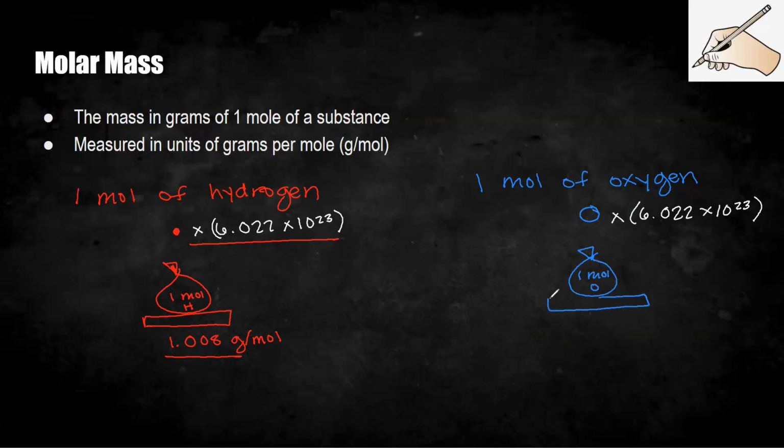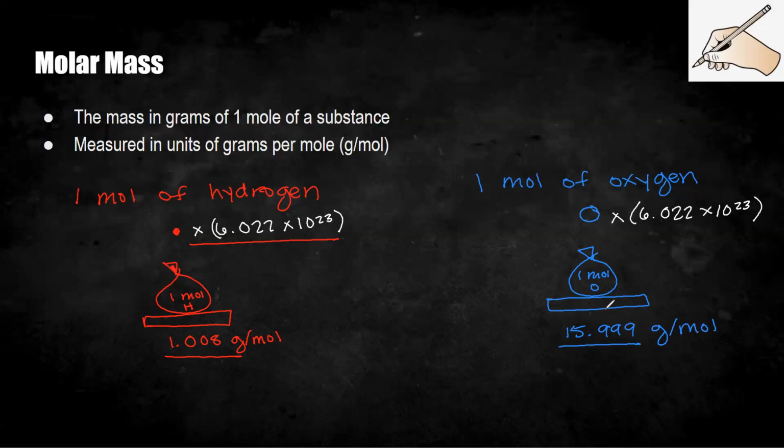Put that on a scale, took its mass, and you would see that 1 mole of oxygen is going to have a larger mass than 1 mole of hydrogen. So that's about 15.999 grams per 1 mole of oxygen.